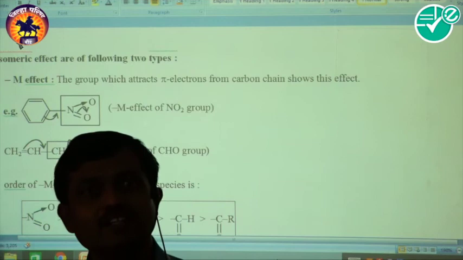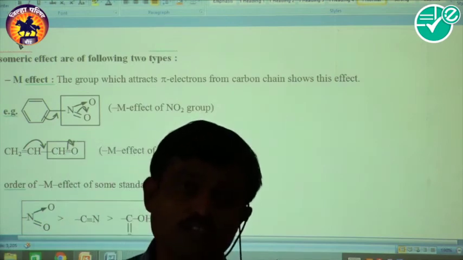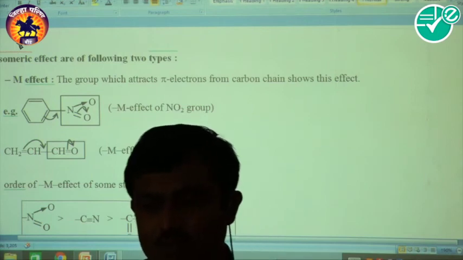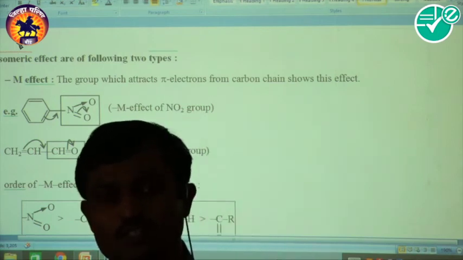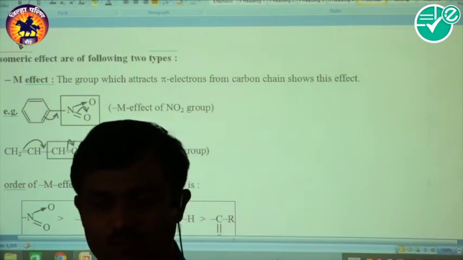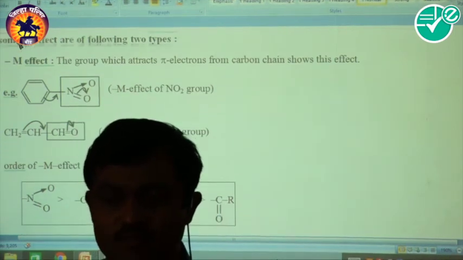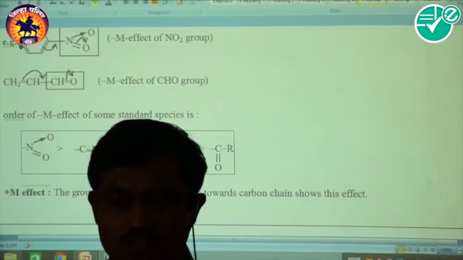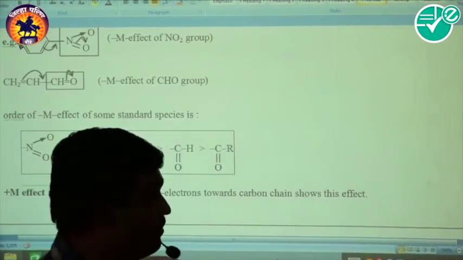These are the species which withdraw the electron density and push it towards the pi bond, and therefore they give a negative mesomeric effect.